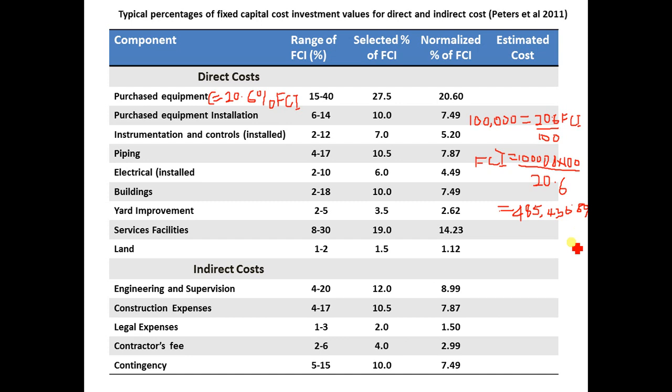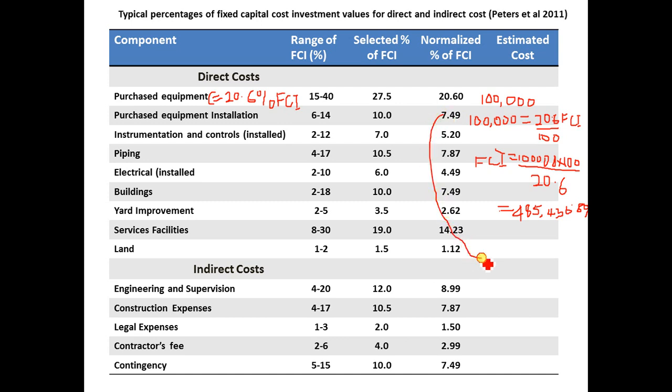So it means our FCI is 485,436.89. Once you get this FCI, what is left is that you can calculate the cost of each of these. We already know from the question this is 100,000. So even if you find 20% of the FCI, you're still going to get this. Then calculate for the remaining.